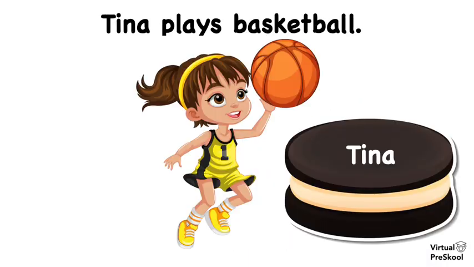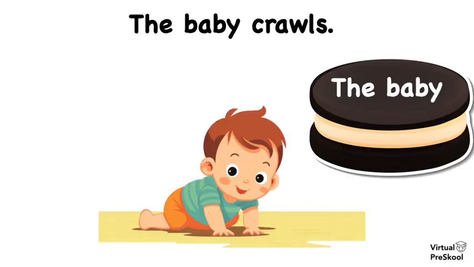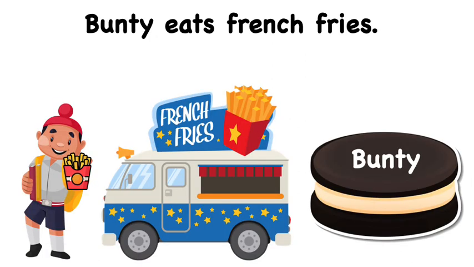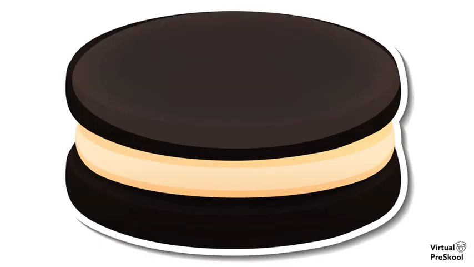Exercises. Tina plays basketball. The bottom cookie is going to be plays. The baby crawls. So the bottom cookie is going to be crawls. Bunty eats French fries. And the bottom cookie is going to be eats.